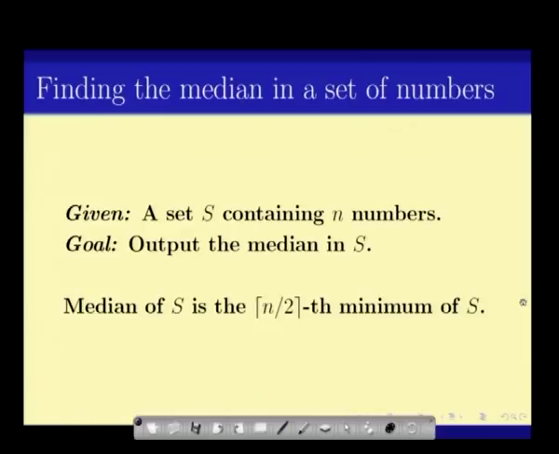It tells you the average in some sense, although it is not the usual arithmetic mean, but it is some kind of average, the halfway mark in this set. This is a natural question, and how can we do it?